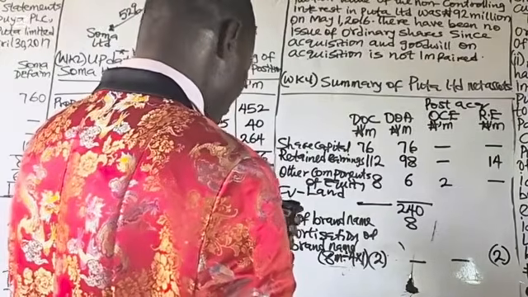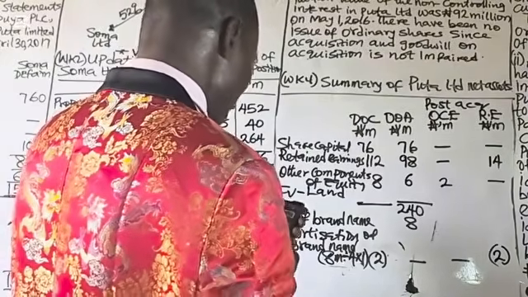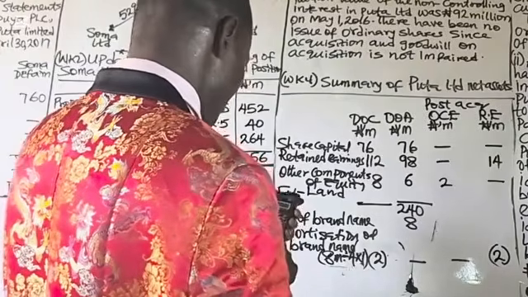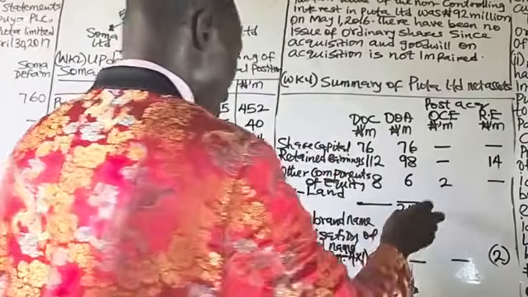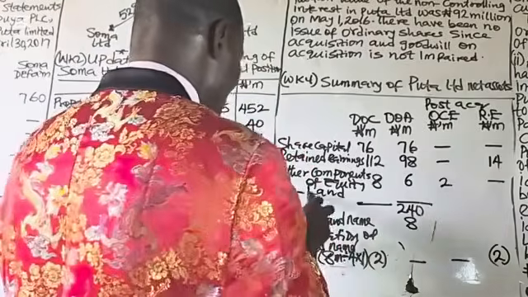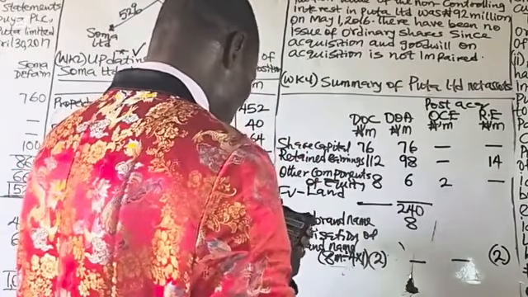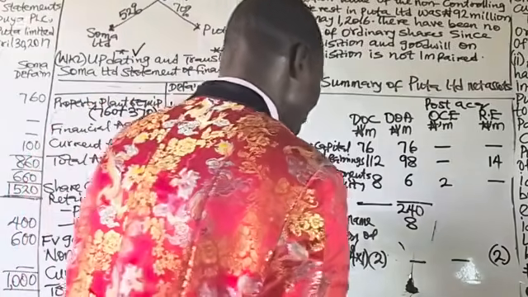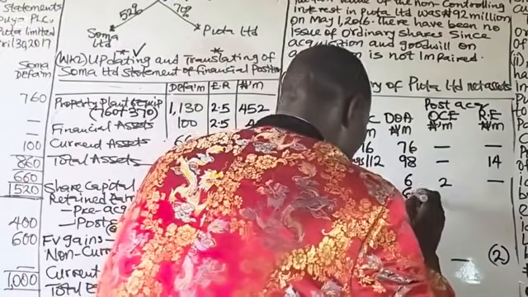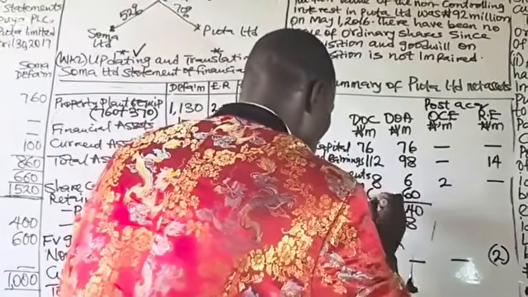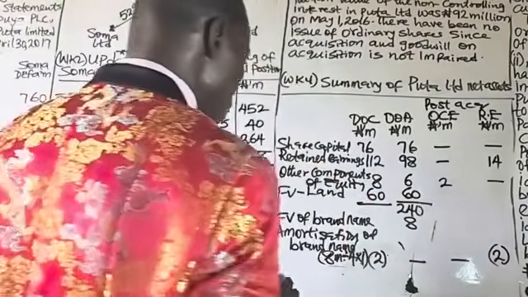Let me reconfirm it. 76 plus 98 plus 6, this is total 180. It is supposed to be 240. That means the fair value of land will be, if you subtract 180 from 240, 60. So that means the fair value gains attributable to land will be 60 million. We will equally include that in the DOC column.